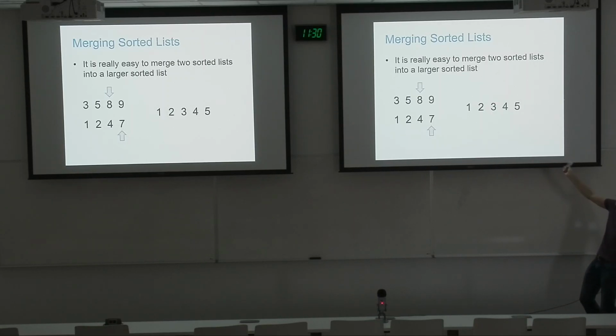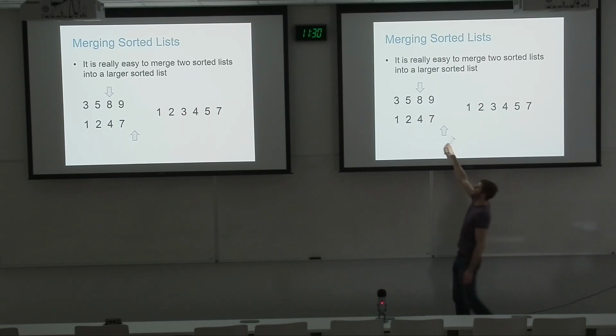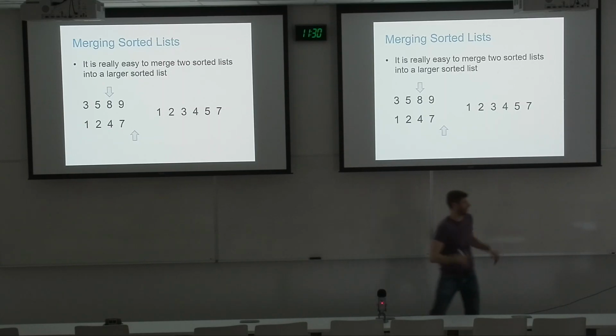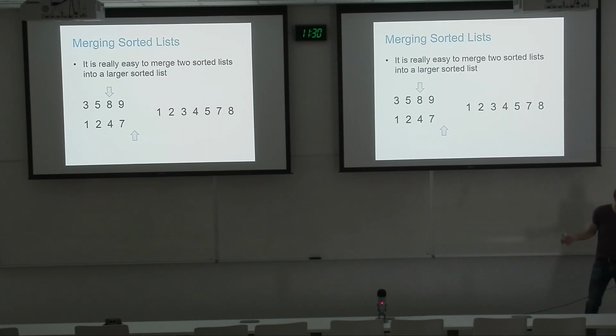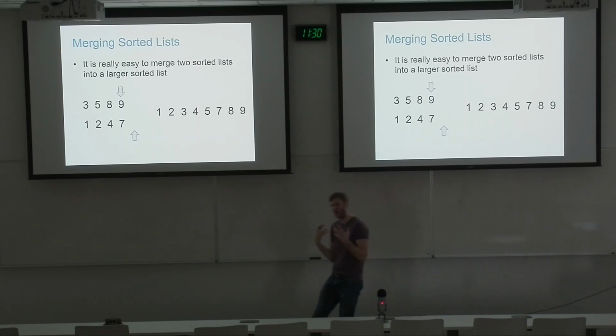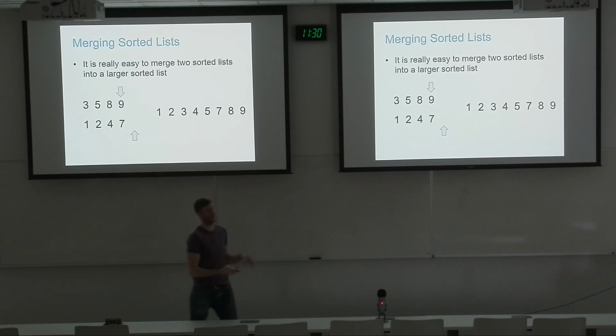Compare the 7 and 8, add the 7, move down. If there's nothing left in this list anymore, then I just have to take the remaining part of the other list, or array, whatever, and boom, there we go. So the point I'm making here is if I have two sorted lists, and I follow this algorithm, I'm guaranteed to get a bigger sorted list. It's cool, just merging two sorted lists.